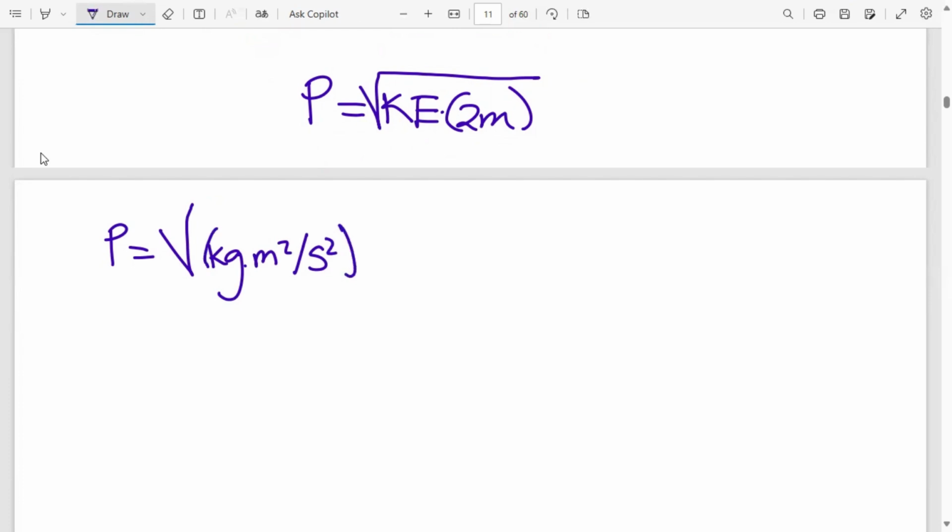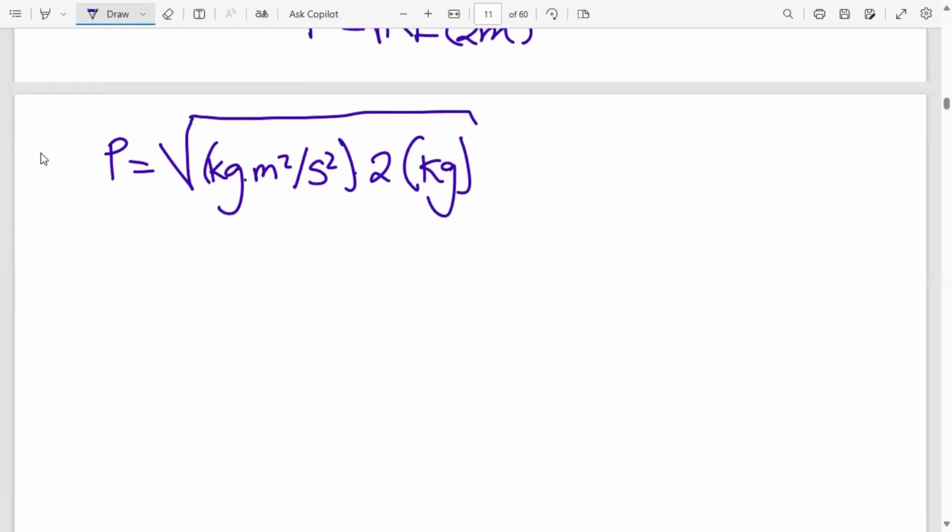Let me put it in brackets like this. We're multiplying this by 2m. And what is m? This is 1 kg, like this. Okay, so this is what I'm going to have. I put a dot there just to indicate that I'm multiplying. This will be equal to what? I can bring out the 2.